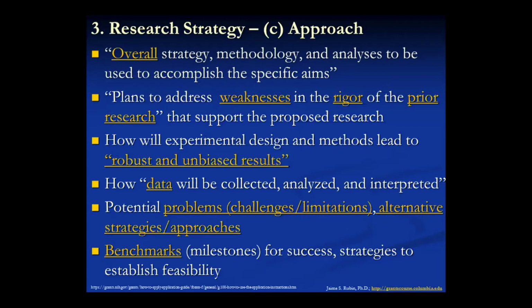And what are the benchmarks or milestones that you're going to have along the way, along these 4 or 5 years, so that you can note that, yes, you are on the right path. We expect to be at this point at 6 months. We expect to be at this point and have collected or developed this at the 18-month point. What are these benchmarks or milestones along the path?